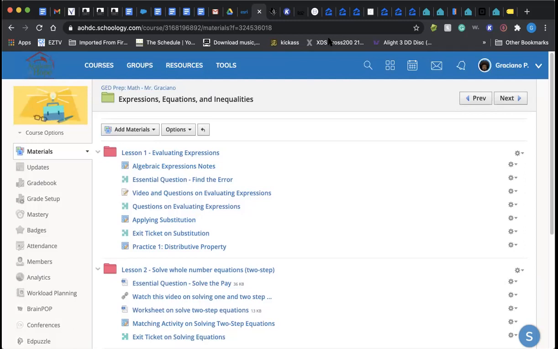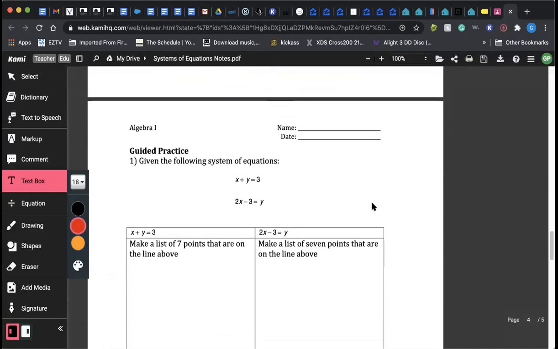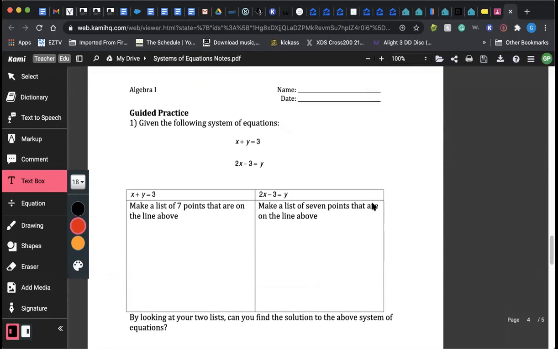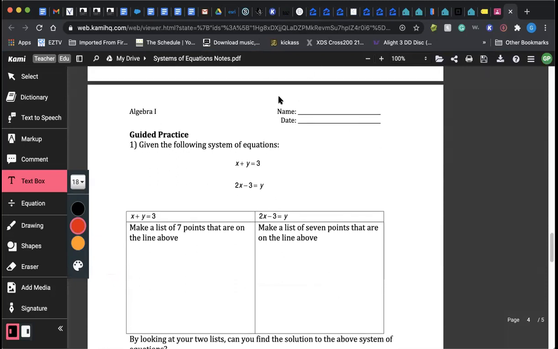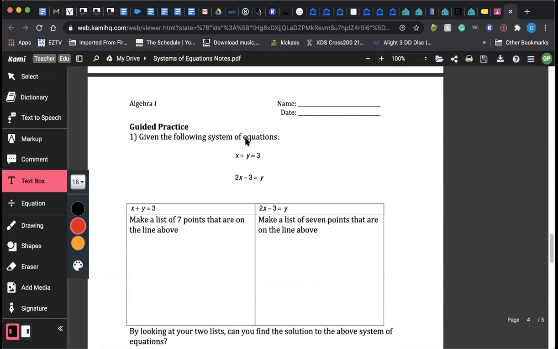All right, so okay, here. So we have systems of equations here. Is this the kind of thing you were looking for? Like this or something different? Something different, but we can do this too.